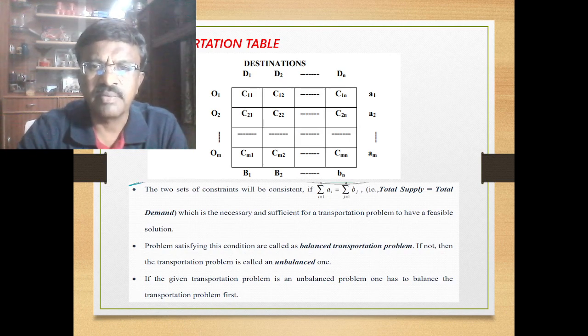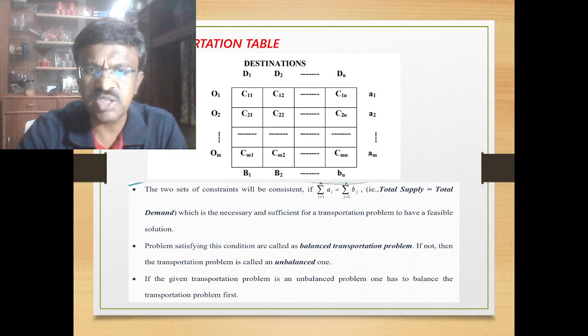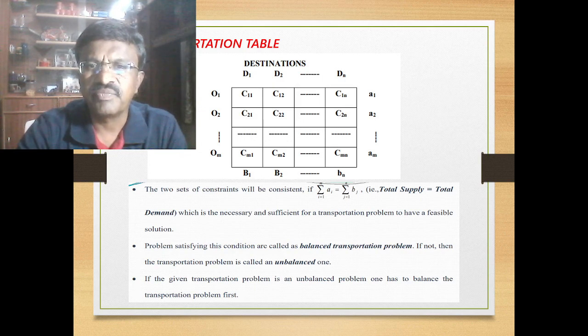We shall assume here there are m number of origins or sources, say O1, O2, O3, etc., Om, at which the supplies are listed to be A1, A2, A3, etc., Am. Let us assume there are n number of destinations, say D1, D2, D3, etc., Dn, where the demands are denoted as B1, B2, B3, etc., Bn.